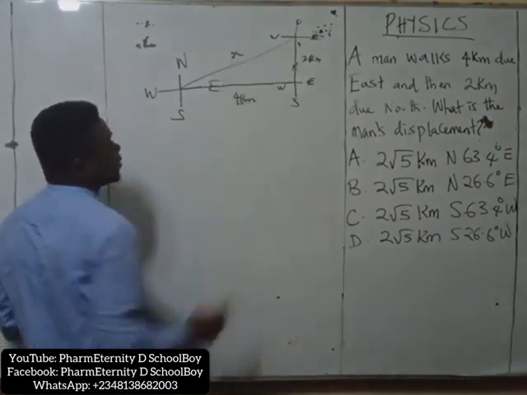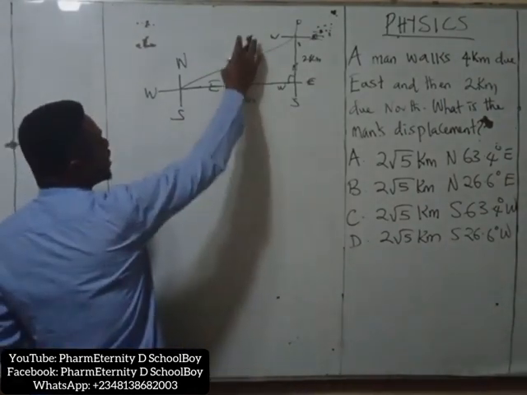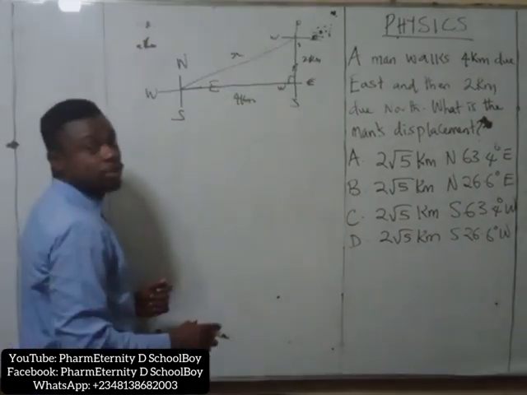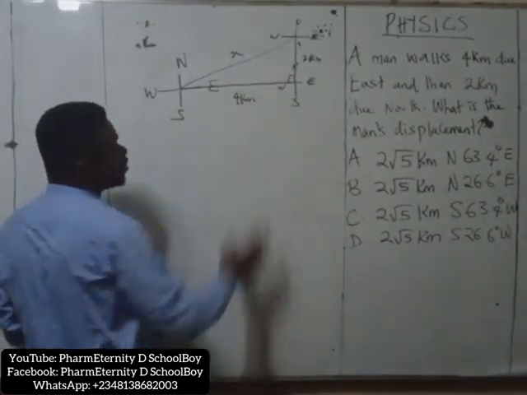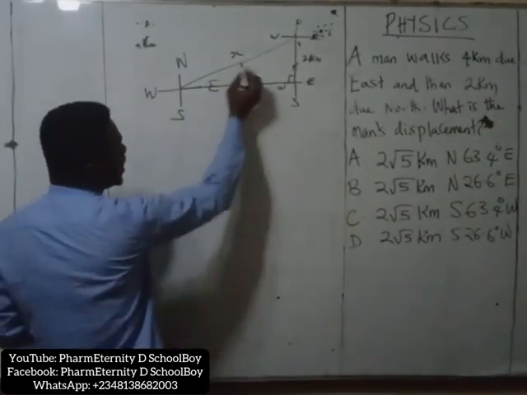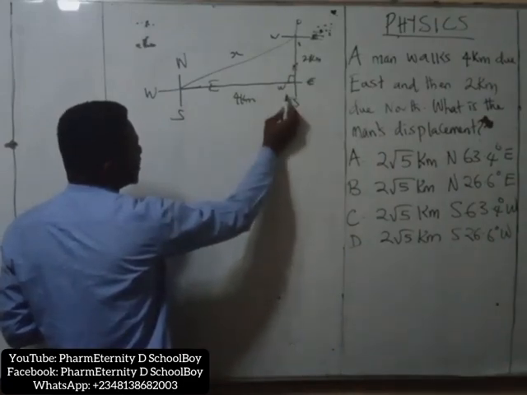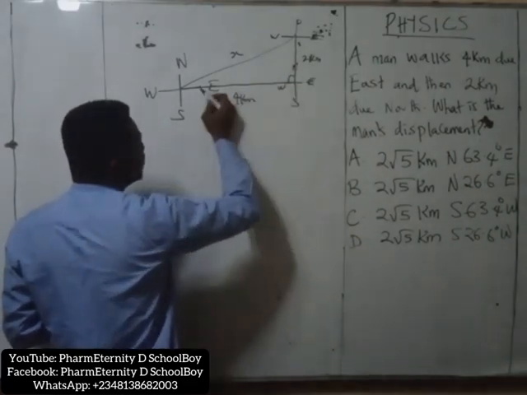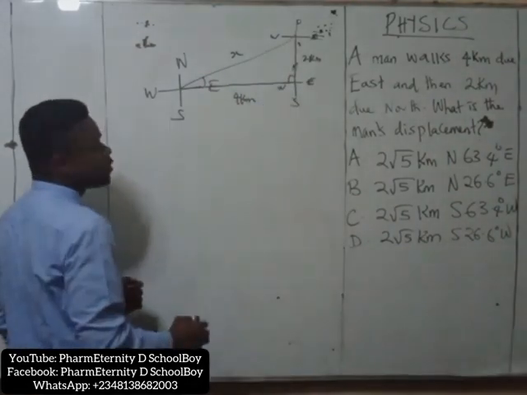So let's find x. Remember, this is a right angle triangle, so to find this we use Pythagoras theorem. In this right angle triangle, this side is the adjacent, this is the opposite, and this is the hypotenuse.